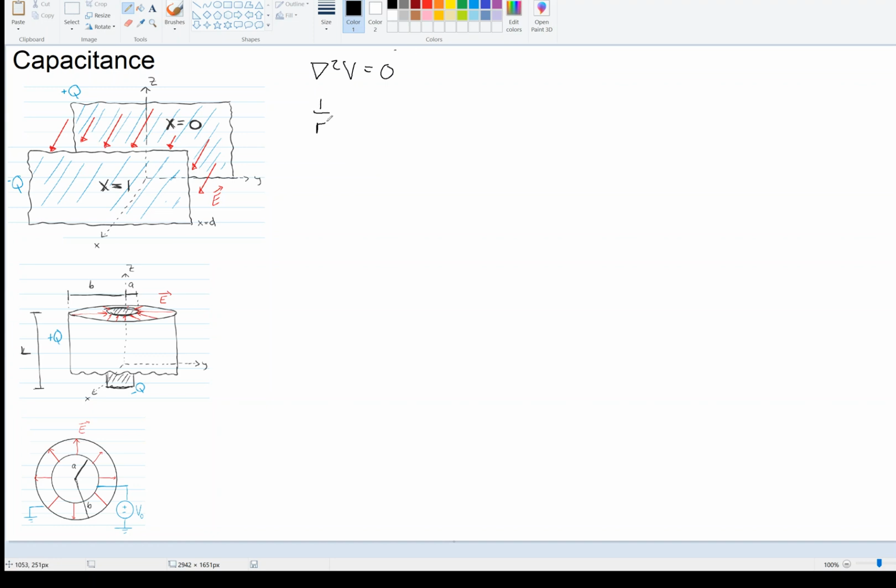This is 1 over r squared. The partials can become full derivatives because there's only one variable. And I've got that. Now, I can multiply by r squared, and that's still 0.